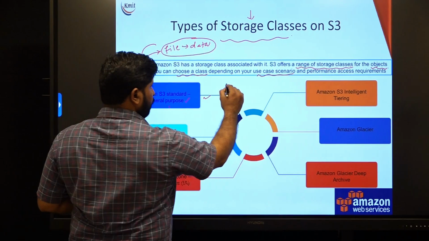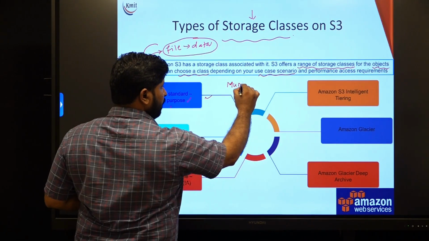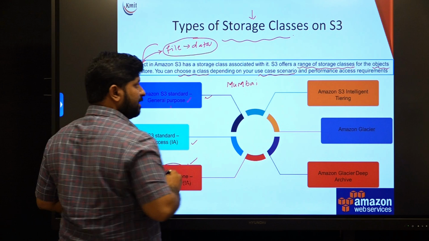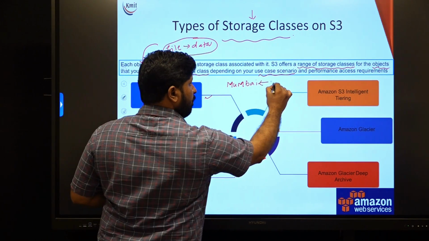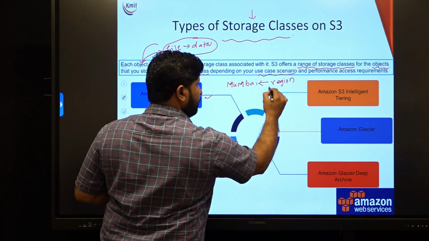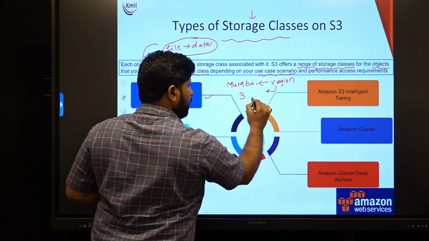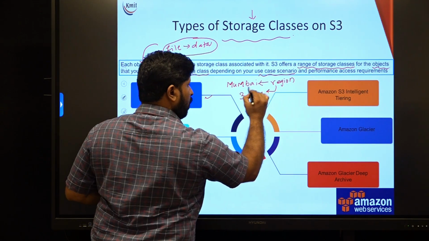Basically we know that in India we have Mumbai as a region, and this region has 3 availability zones. What does it mean?